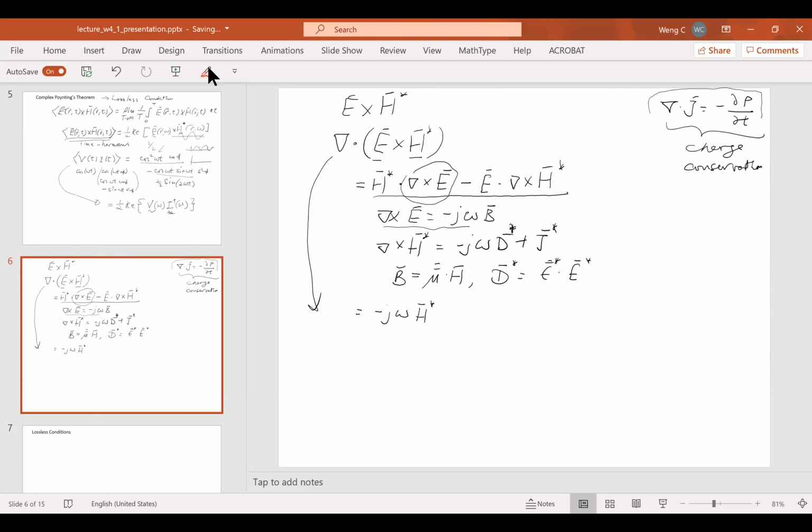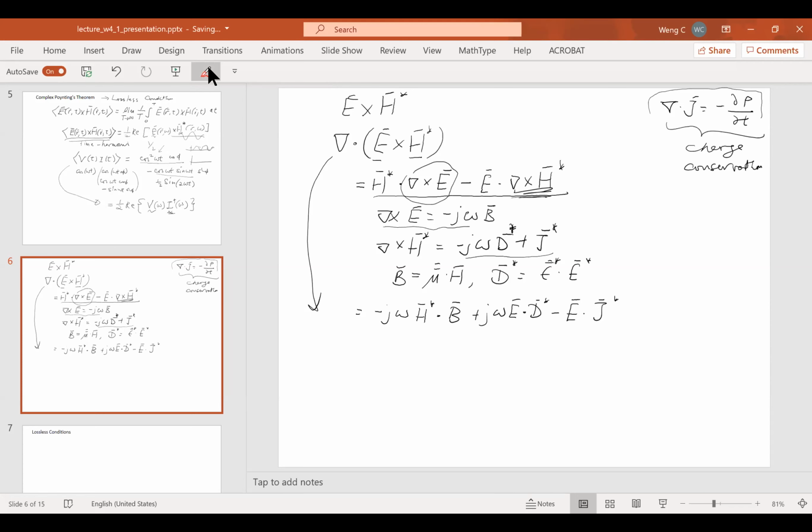So by so doing, I get j omega dot B. That's how the j omega comes about. Okay. So this term just becomes that term. And then now I put in curl of H with this substitution. Then what I have is that I would have plus j omega E dot D conjugation minus E dot J conjugation. Can you see that?